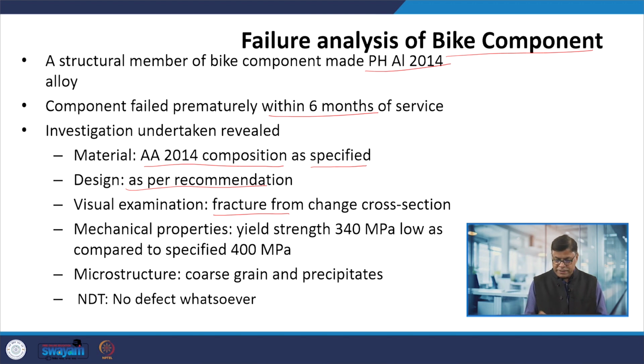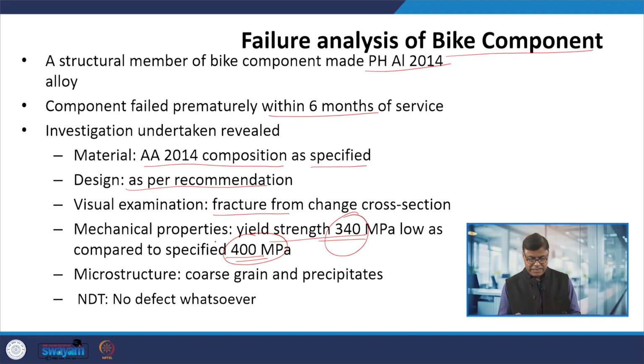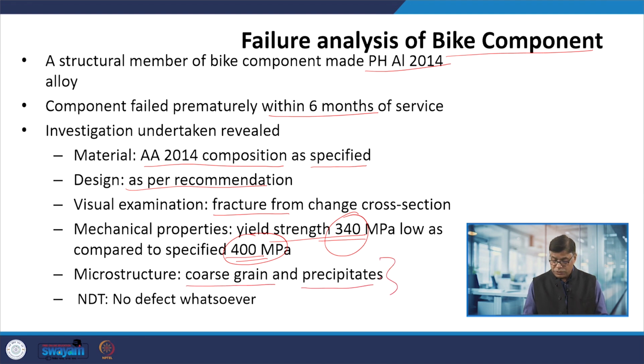Mechanical property studies showed a lower yield strength of 340 as compared to the specified 400. So, what it is suggesting is that the material is of lower yield strength than the specified one. Microstructure, on the other hand, revealed a coarse grain structure and coarse precipitates. So, this is indicating the possibility of overaging of the heat treated 2014 aluminium alloy.